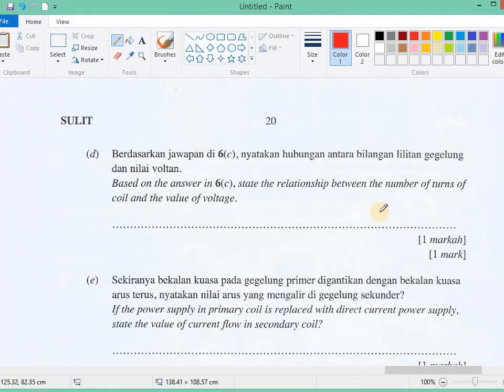Continue. Based on the answer in 6C, state the relationship between the number of turns of coil and the value of voltage. You can see that if you have more number of turns, then the voltage will be higher.